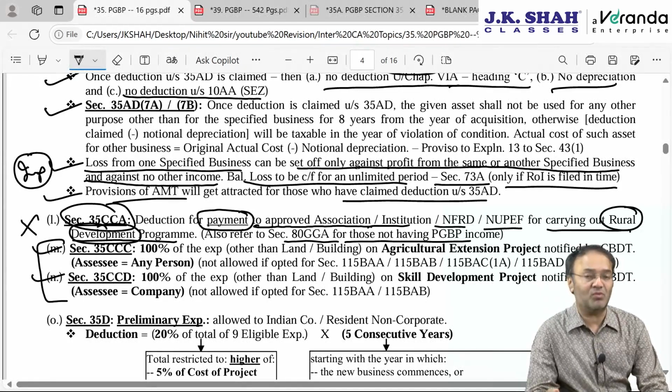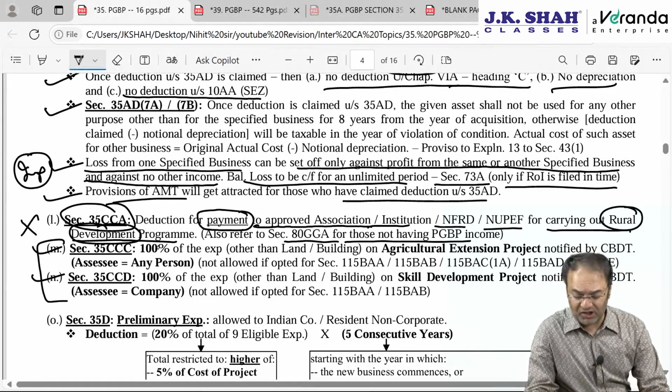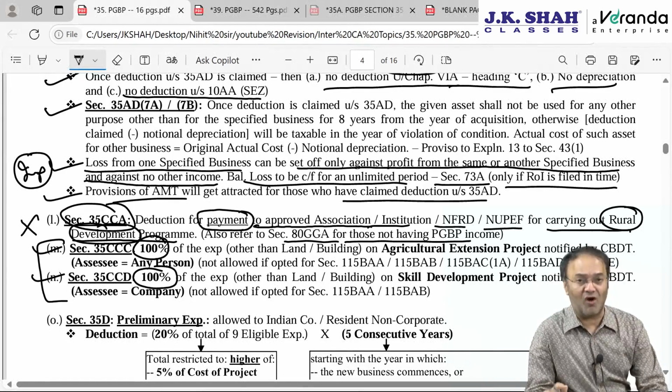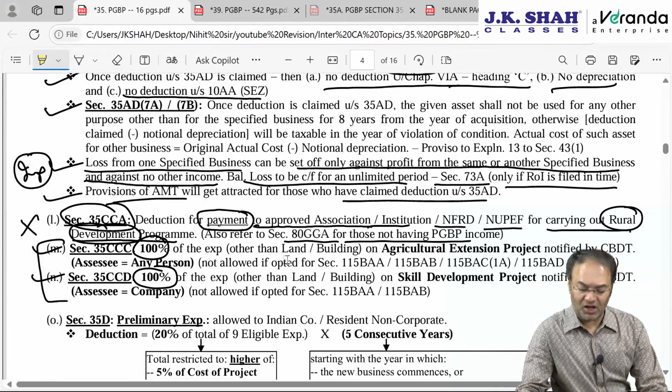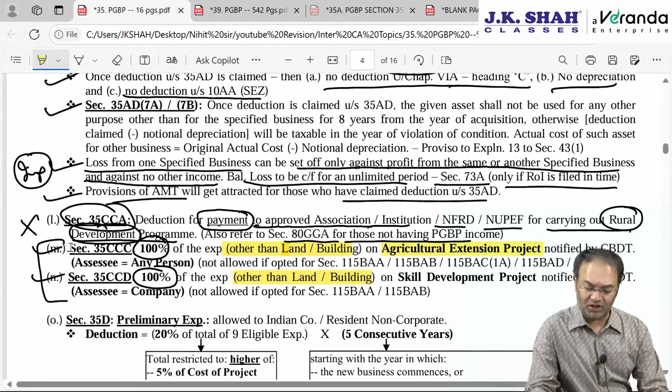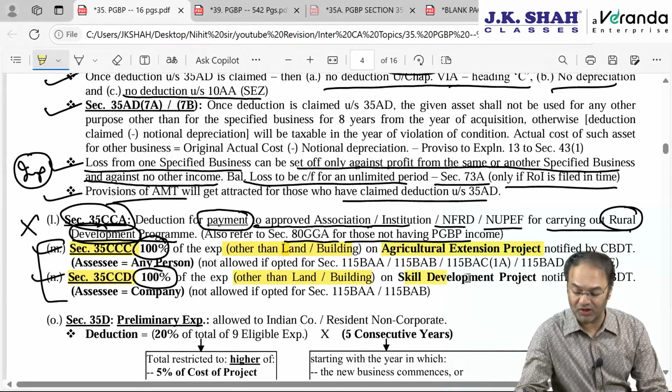Next are 35CCC and 35CCD. Both are important, very small one-liners, and they are important. Both of them are 100% deduction of revenue expenditure as well as capital expenditure. Here also capital expenditures are allowed, but only other than land and building. 35CCC is for agricultural extension project, 35CCD is for skill development project.